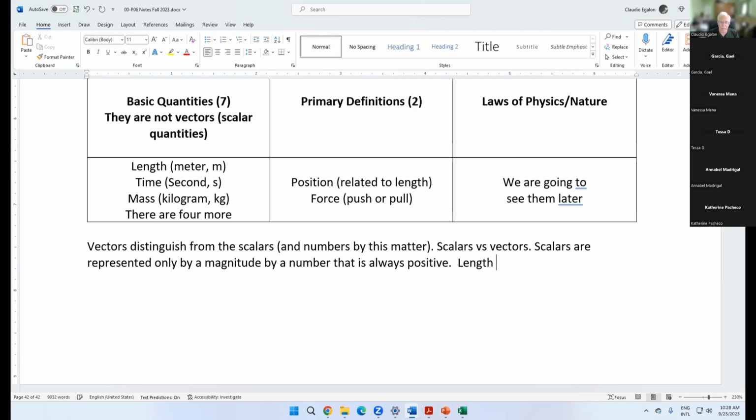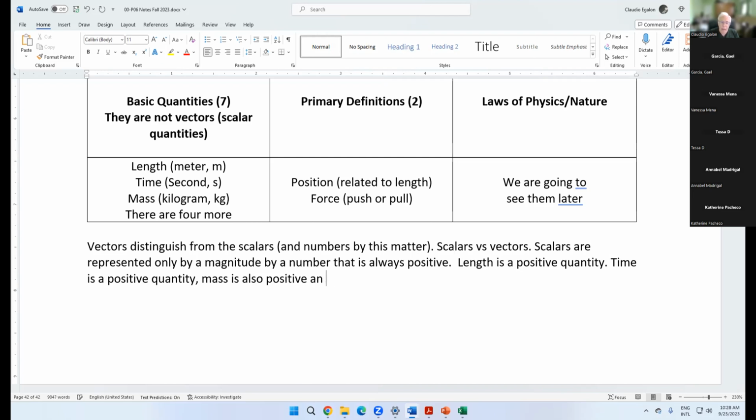So length is a scalar. It's a positive quantity. Time is a positive quantity. Mass is also positive.